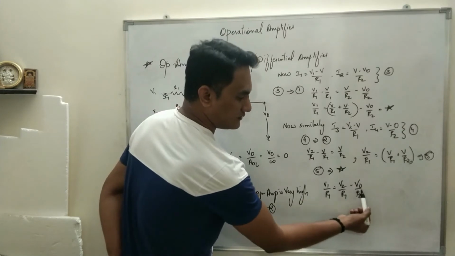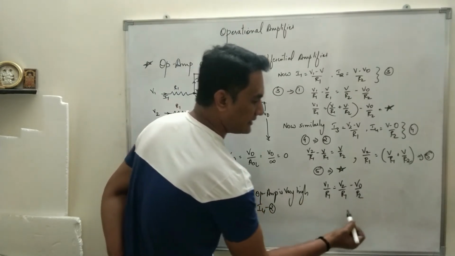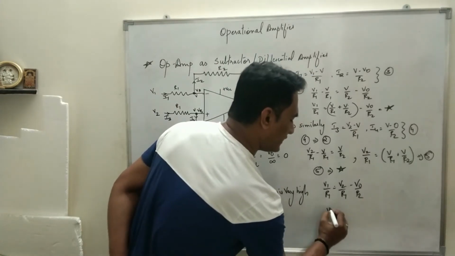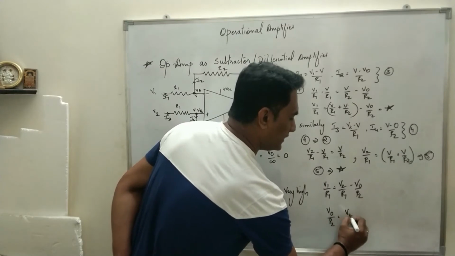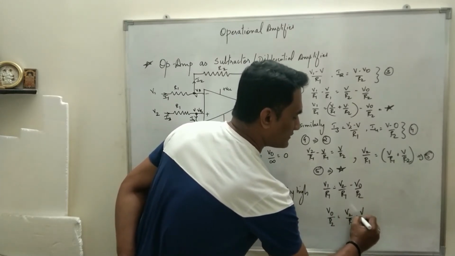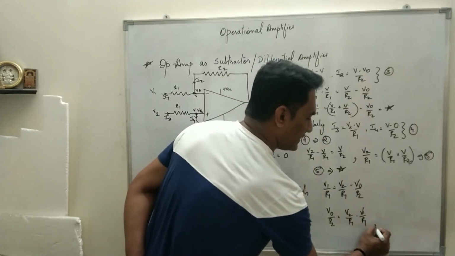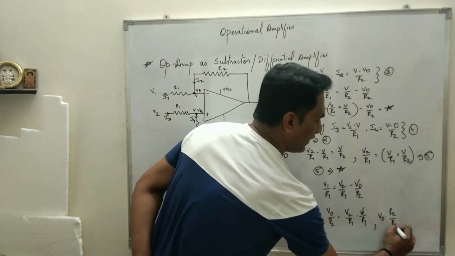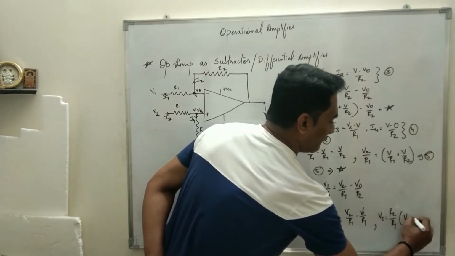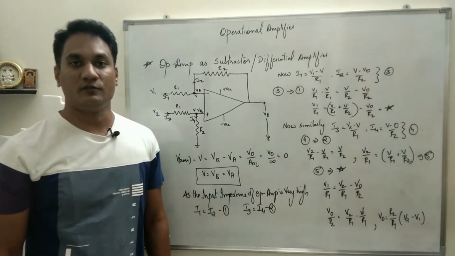Okay, so I'll take this V0 upon R2 on the left hand side and V1 upon R1 on the right hand side. So the equation is V0 upon R2 equals V2 upon R1 minus V1 upon R1, or the same equation can be written as V0 is equal to R2 upon R1 times (V2 minus V1).